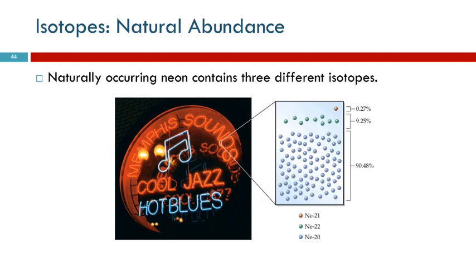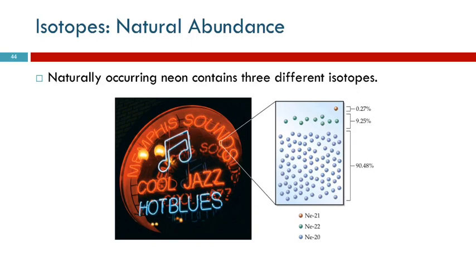So neon, whether you isolate it from air in Fresno or from air in New York City, if you looked at these percentages, how much is 20 and 22 and 21, the percentages would be almost the same. And so that's called a natural abundance. Those percentages are unique to each different element.